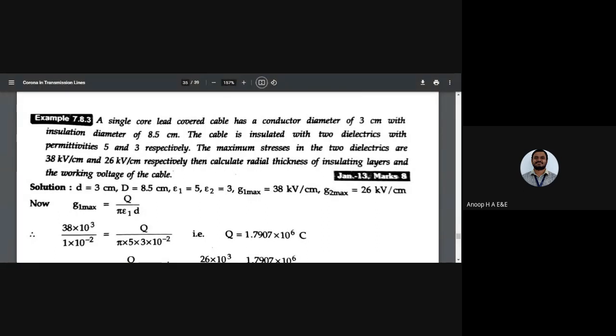That's what you are going to find out. This problem is with respect to capacitance grading. I'll give you a minute to note down the problem.